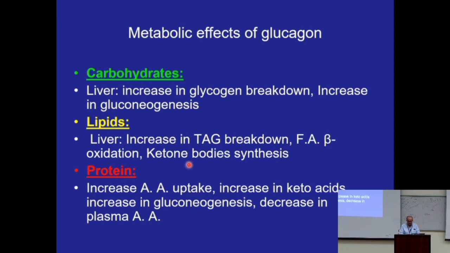Now, what's going to happen as well is that the liver will be increasing ketone body synthesis, ketogenesis, because it's using fatty acids as a source of energy, producing a lot of acetyl-CoA, and some of that acetyl-CoA is used in ketogenesis. So note how important the liver is. It's providing glucose, providing ketone bodies, two different forms of energy to other tissues that can use those forms.